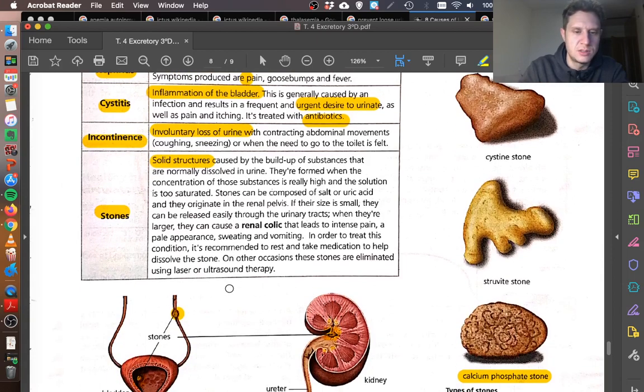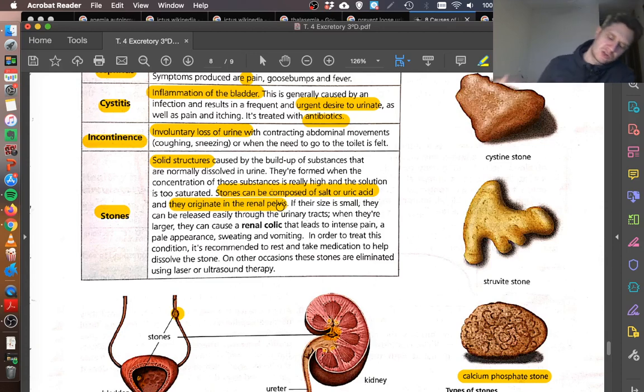Solid structures form because of our diet, without water and without vegetables in our diet. The stones can be composed of salt or uric acid, and they originate in the renal pelvis.